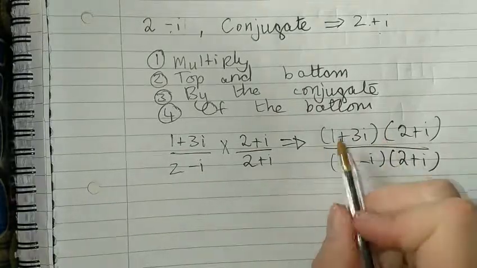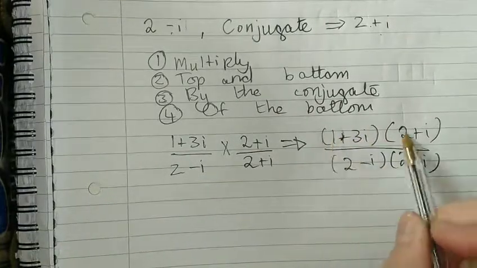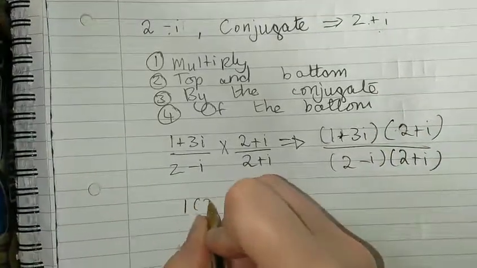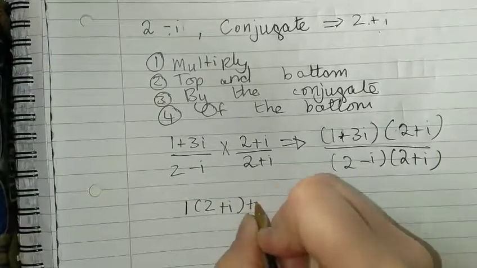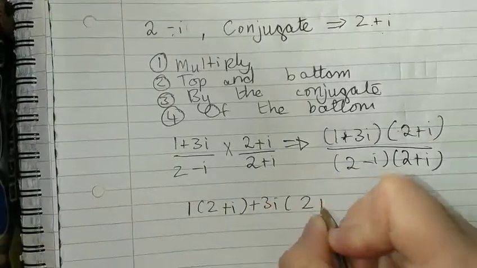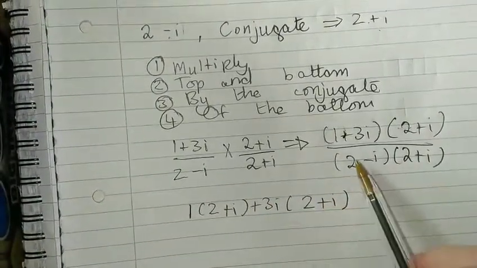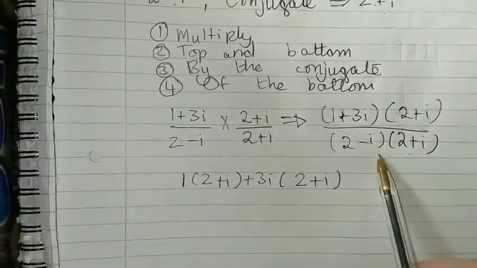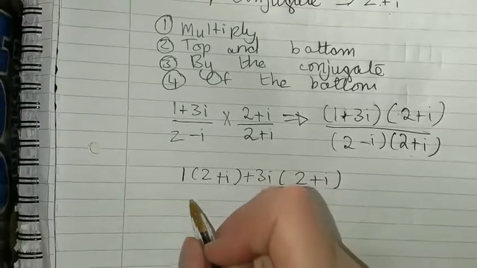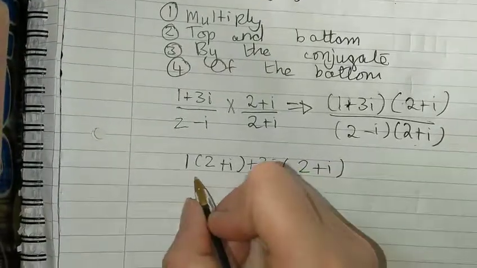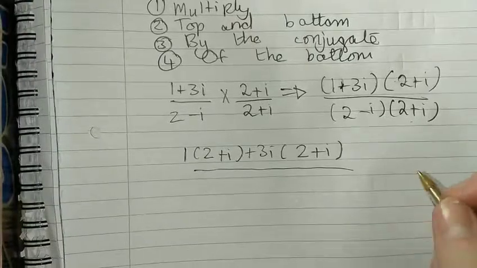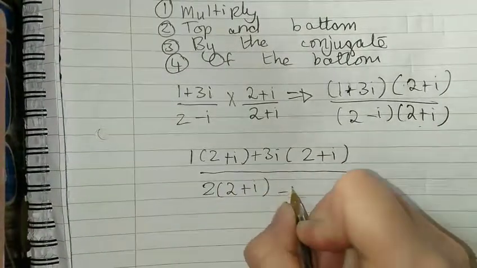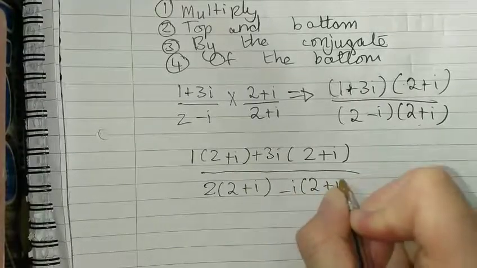So now I have to split my bracket and multiply 1 by my second bracket, and then my 3i by my second bracket. So 1 by 2 plus i, and then 3i by 2 plus i. Then here I have to multiply 2 by my second bracket, and then my minus i by my second bracket. So it'll be 2 by 2 plus i, and then minus i by 2 plus i.